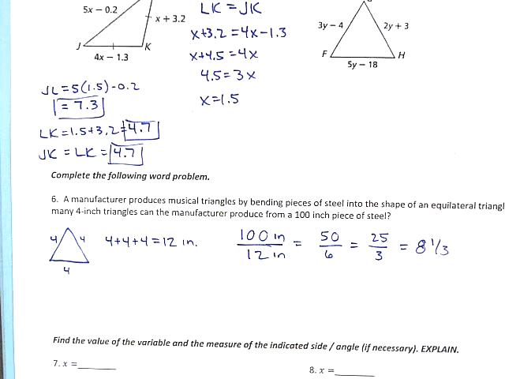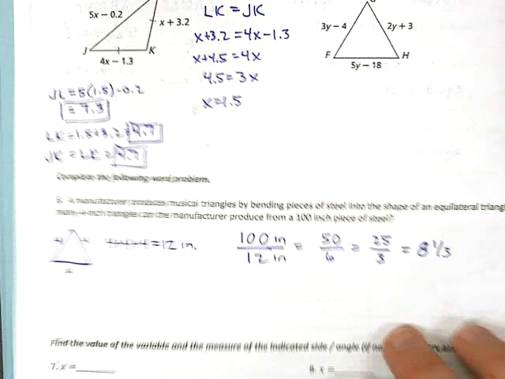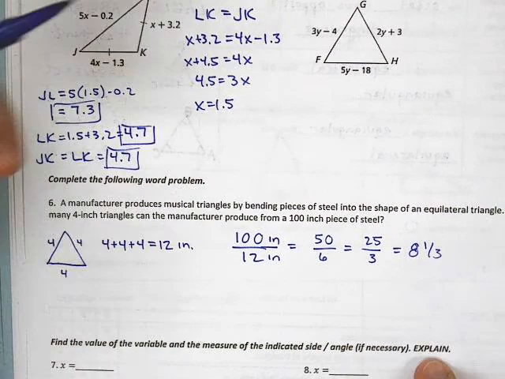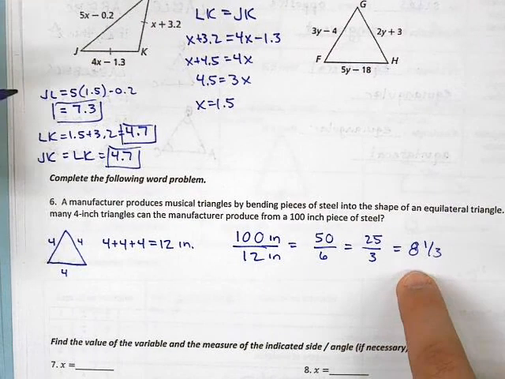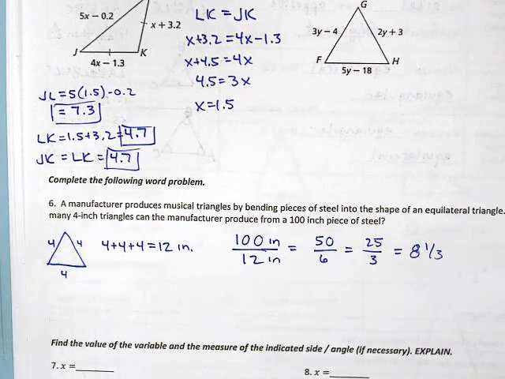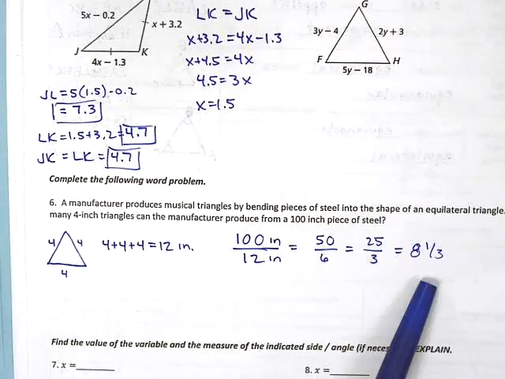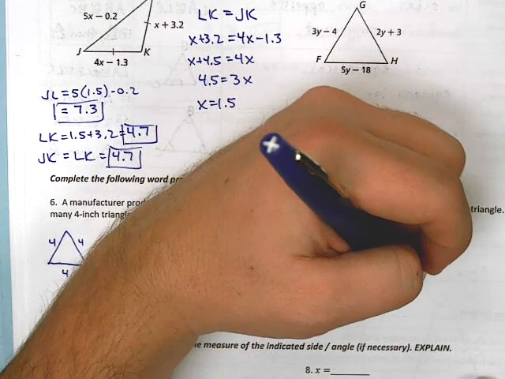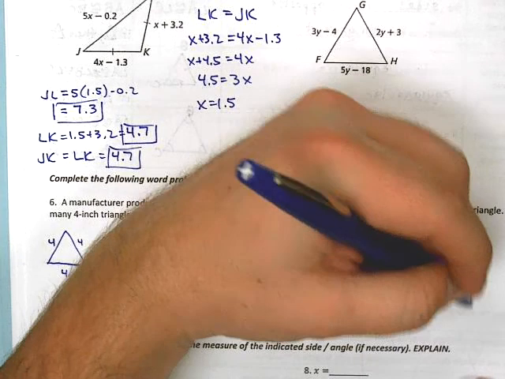Okay, so you guys can absolutely use a calculator. I just don't have one with me. I would want you to understand that this is a real world example, like this is an actual thing being produced. So we wouldn't say that you could make 8 1/3 triangles. You would just say 8 triangles. All right.